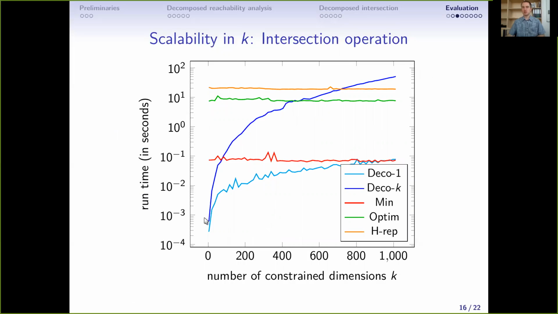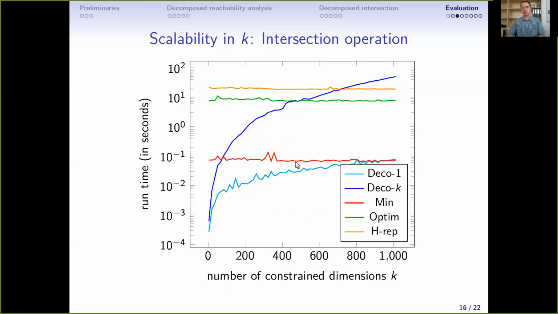All right, so these are the results. In blue, you see our decomposed algorithms, and clearly they are the only ones that scale with the number of constraint dimensions. The other algorithms don't care because they do everything in high dimensions. And you can see our low dimensional intersection is the most efficient one, as you would expect.